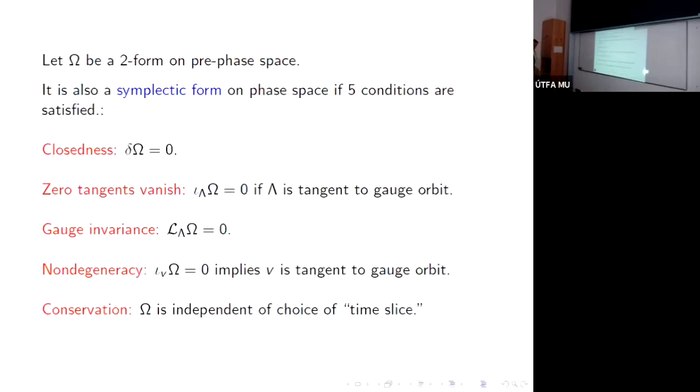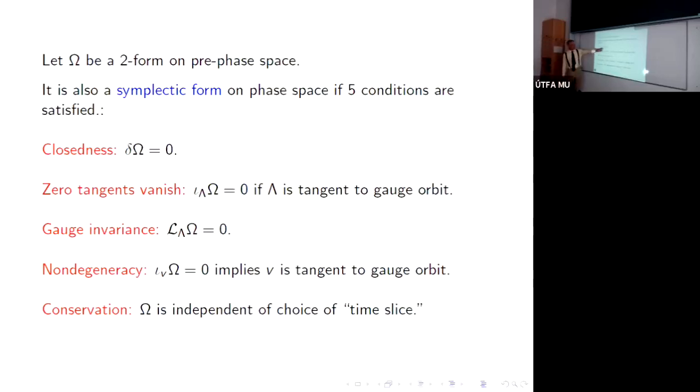Okay, so we know that phase space should have a symplectic structure. We can have a two form on pre-phase space, a two form on the space of classical solutions, and this two form will also be a symplectic form on phase space if five conditions are met.